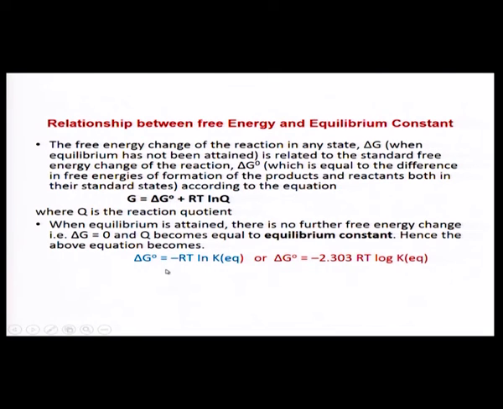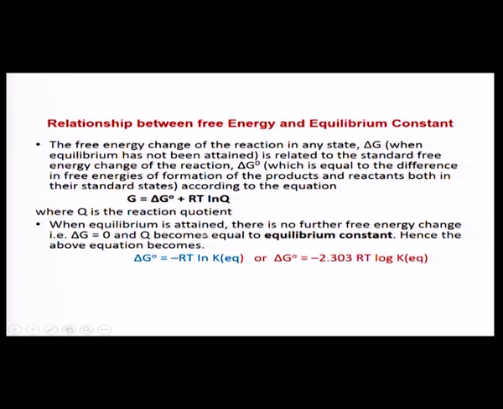That is supported by the minus sign in this equation, which indicates that if the equilibrium constant value is very high, the reaction will take place very rapidly. So this delta G value is also related to the equilibrium constant equation.